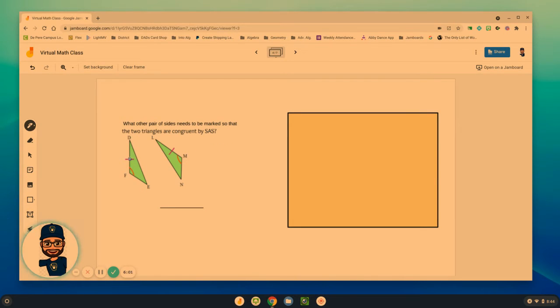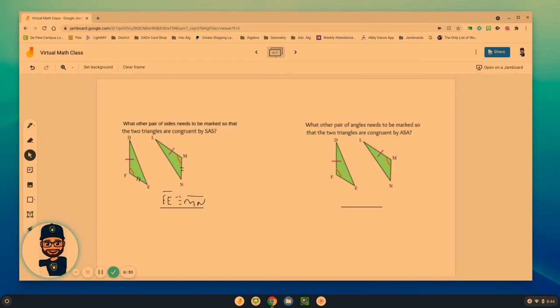And if we go around the pattern, side to an angle, it needs to be this side, side to the angle to this side. So somehow we needed to show, or we needed them to give us, that FE was congruent to MN, because they told us it had to be side, angle, side.